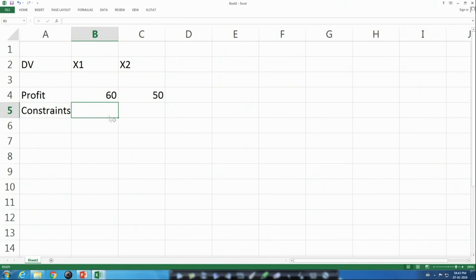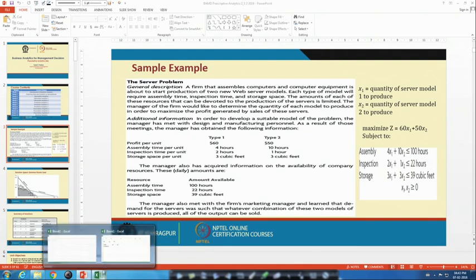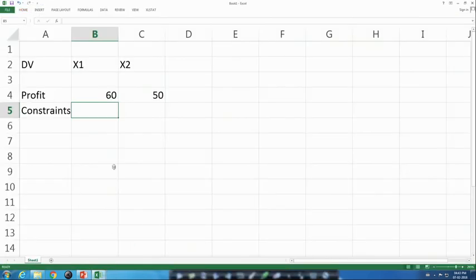So, in this problem we have three constraints: assembly constraint, inspection constraint, and storage constraint, like what we have here already. So, now we go again to the Excel sheet and put the constraints. All the constraints are with respect to both x 1 and x 2. Obviously, the first constraint, the assembly constraint, is 4 x 1 plus 10 x 2 less than or equal to 100 hours.